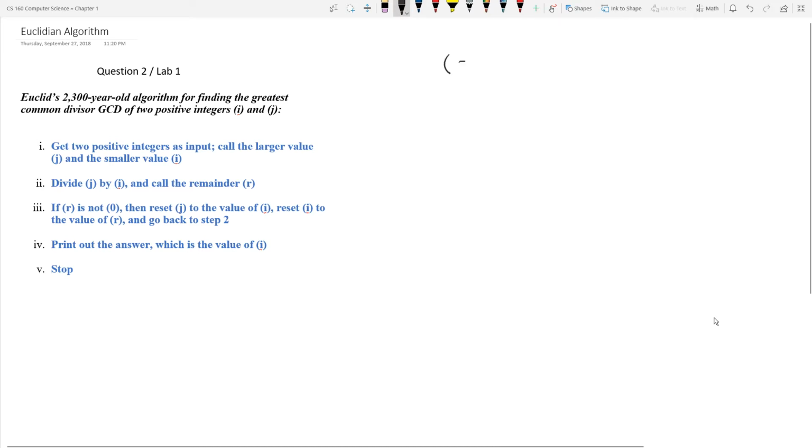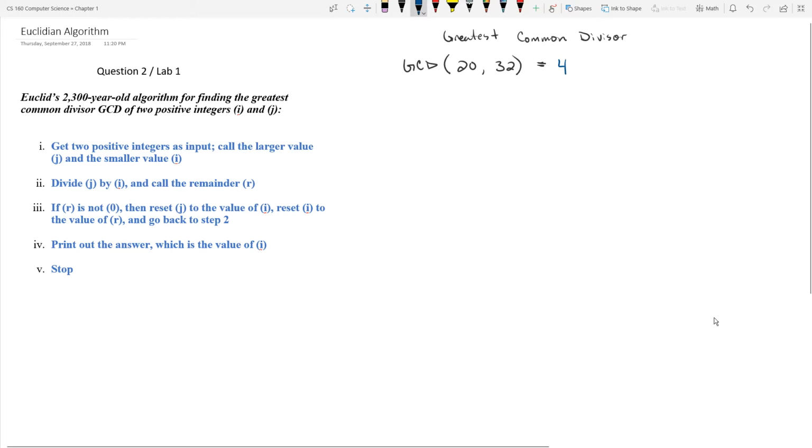We have 20 and 32, and this is the greatest common divisor. And we know that without doing this formula, this process, we should have a solution of 4.